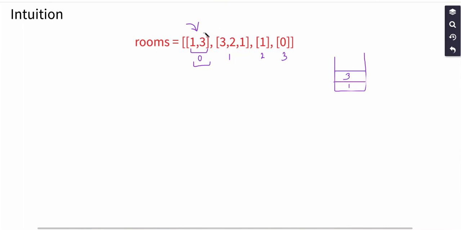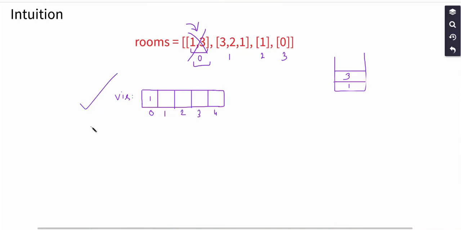So this room has been visited. I mark it as visited. Let's say I take another array, let's call it the visited array. This visited array is used to keep track of the keys that I have.